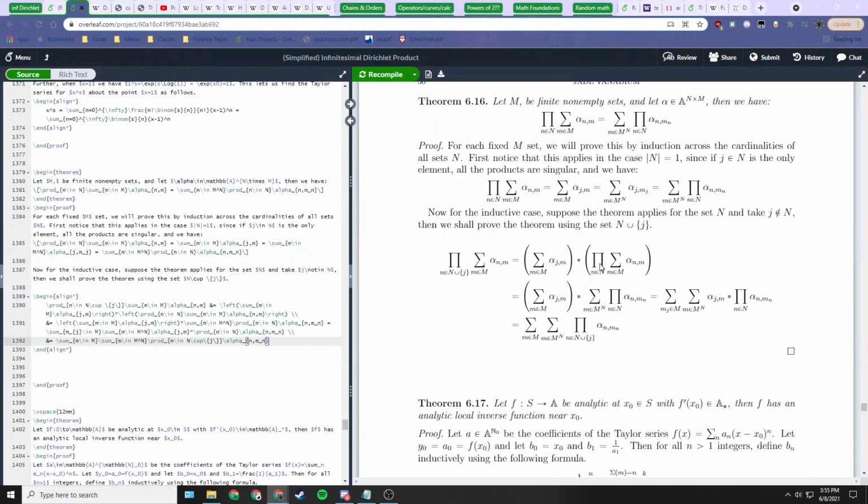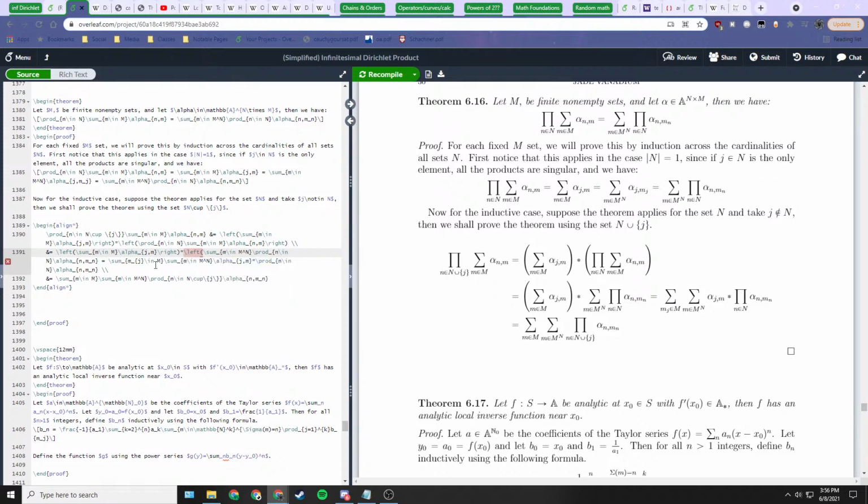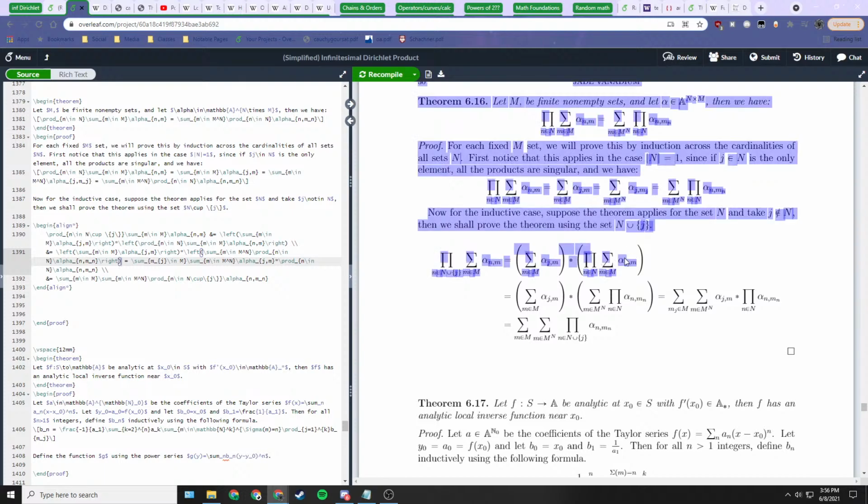This product of sums turns into this sum of products, and let's get some more parentheses in there still. So we're using our inductive premise to turn it into this.